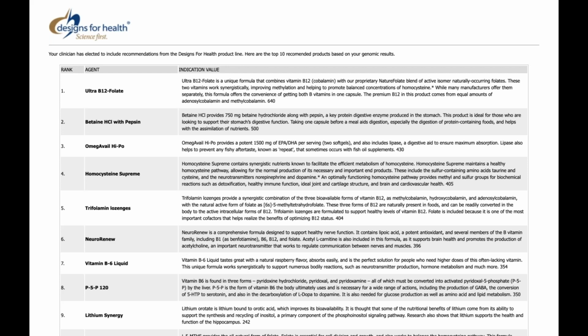So it's trying to up your game in relation to efficiency. But once again, it doesn't mean you should take every one of these products listed. It means that these are things to consider and pick from, and that you'd have to make your best call on how far you want to go in supporting their methylation genomics, because you may have other fish to fry on this patient as well, or maybe this may be the big thing that you want to deal with. So the scenario may change patient to patient, scenario to scenario.